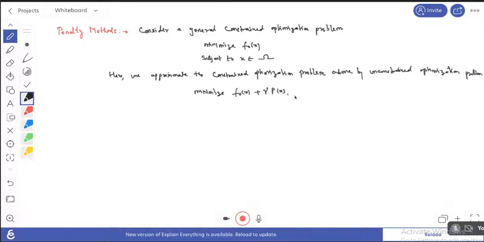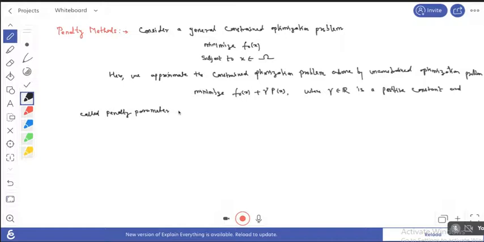So what is gamma here? Basically gamma is any positive constant, so gamma belongs to R, a positive constant, and that gamma is said to be the penalty parameter.